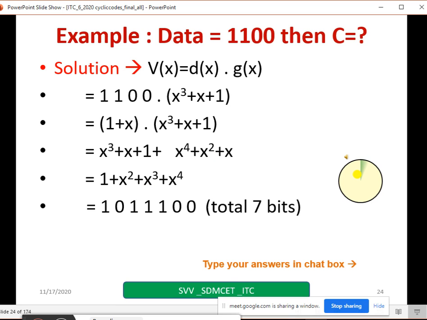Shivani, Suhasini, Mishri Koti, Ajna, Vinay, Shruti, Tajuddin, Simran. All are typing the answers. And Nayak, Janvi, Shivani Kulkarni. I will show you the answer in the next slide. Those who have done wrong for 1100, I want them to copy down.